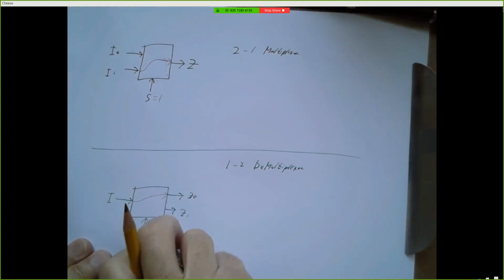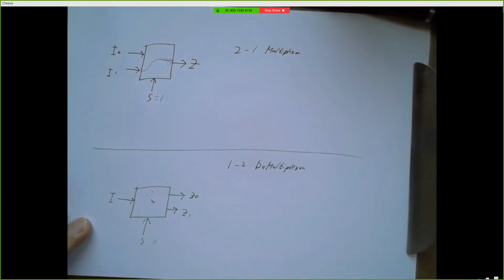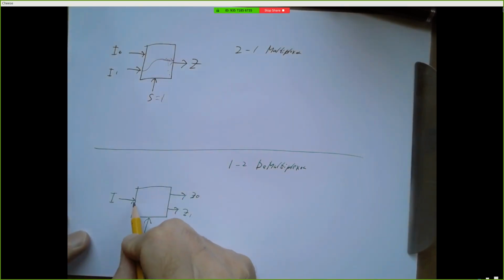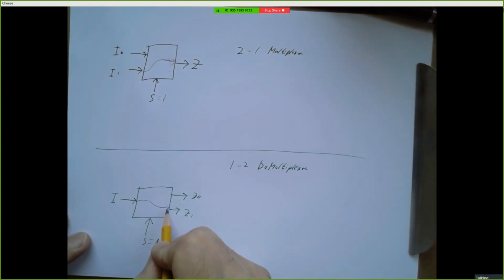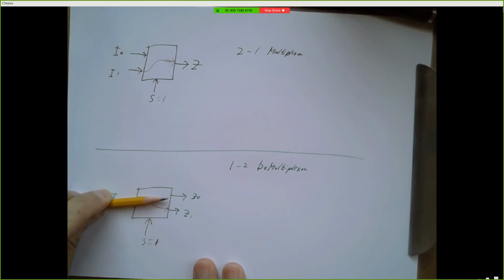And if I set my input to 1, it'll take my input and send it to output Z1. So it's another kind of steering network, right? We can take this input and we could say, should we send the input to that point or to that point? And you can choose by putting a 0 or a 1 into this select line.